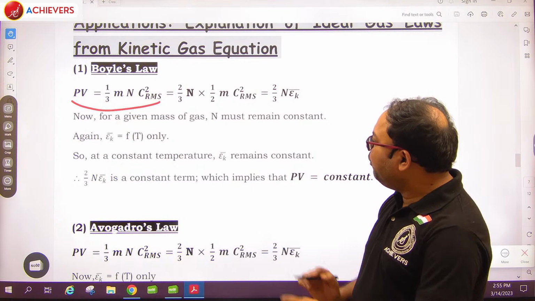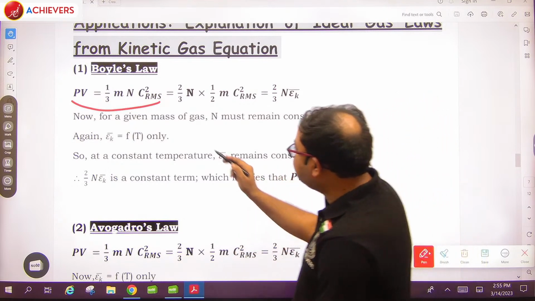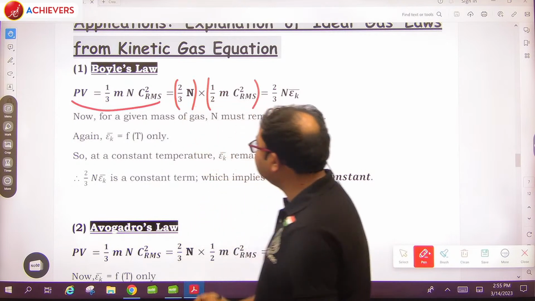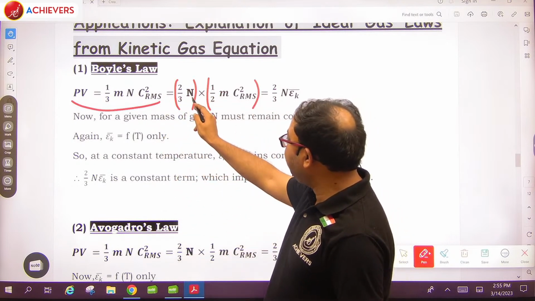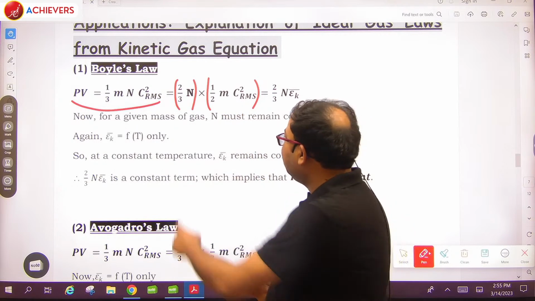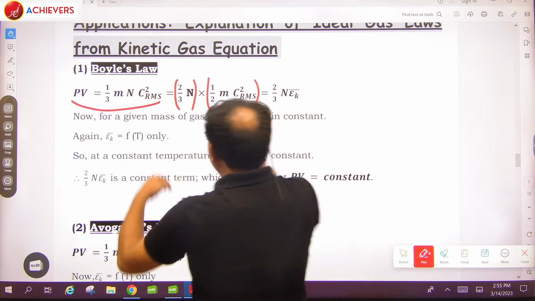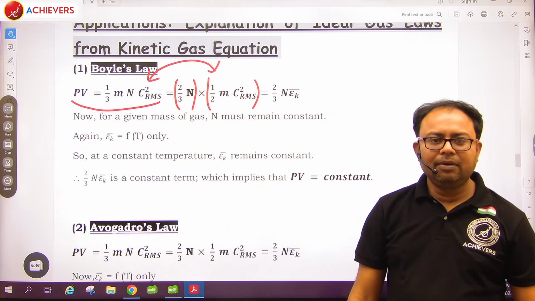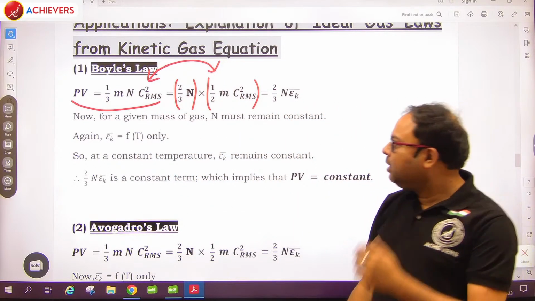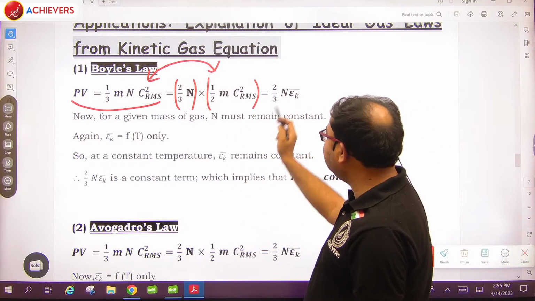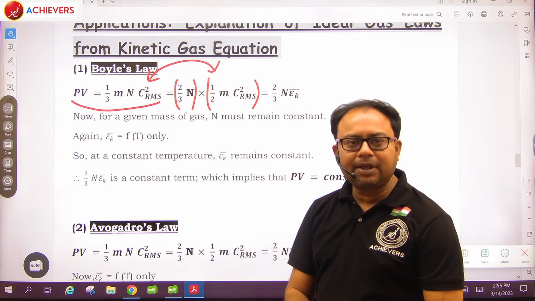And we have adjusted this equation in this way. We have broken this equation into two terms: 2/3 capital N multiplied by half m CRMS square. If these two cancel out, we will again yield this equation. So these two are all the same. This half m CRMS square is nothing but epsilon k bar.